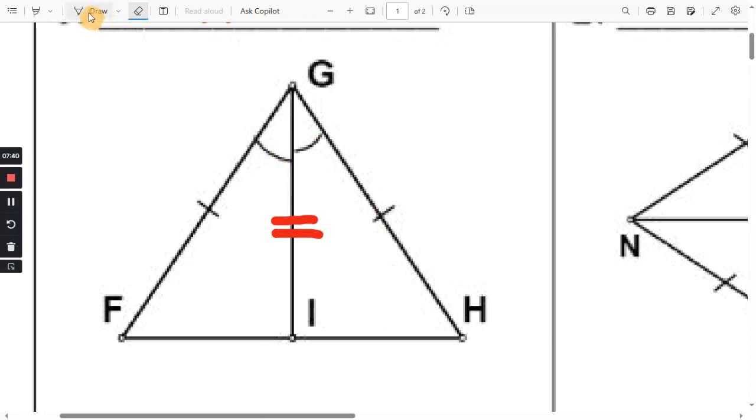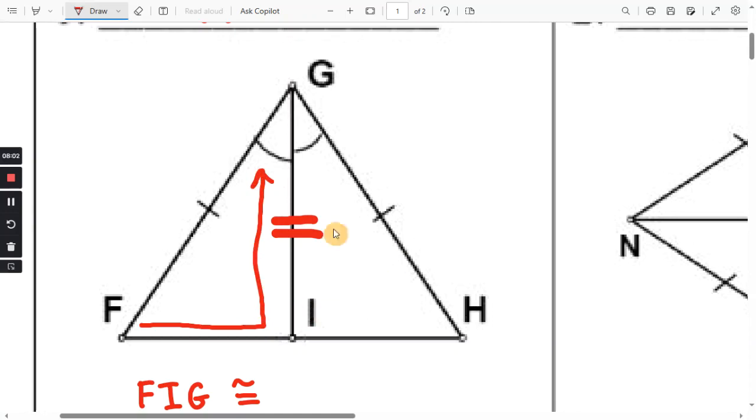Now number 1 on the bottom started with FIG. So I want to trace the triangle from F to I to G. So let's start at F, then go to I, then go to G.